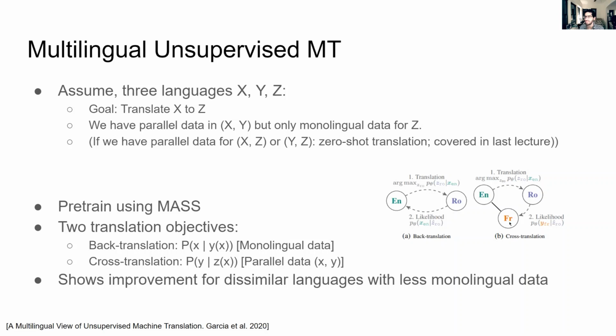But since it's a high resource pair, you can get access to that data, and maybe you don't have parallel data for Romanian. So this has been shown to improve translation quality for dissimilar language pairs. Like English and Romanian maybe are more dissimilar than English and French.